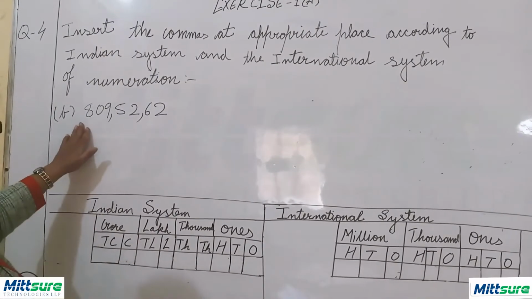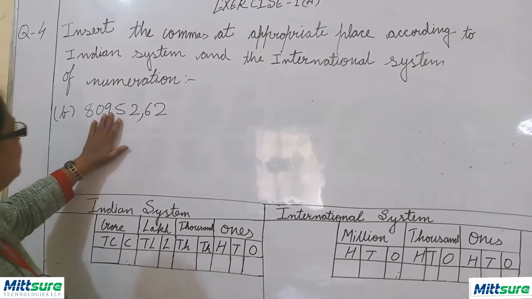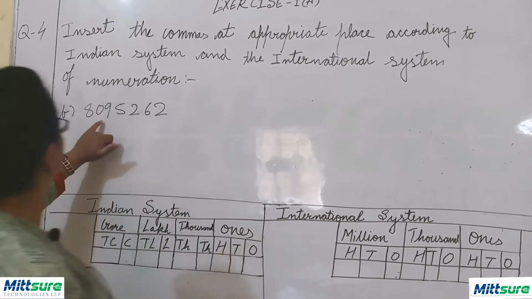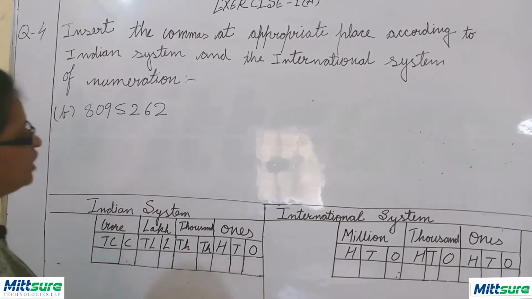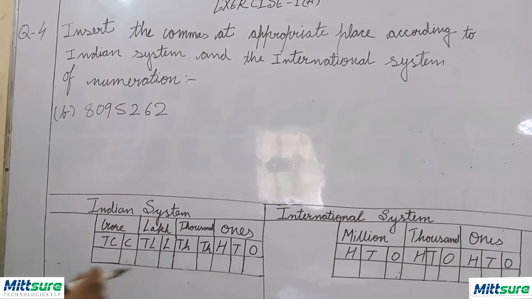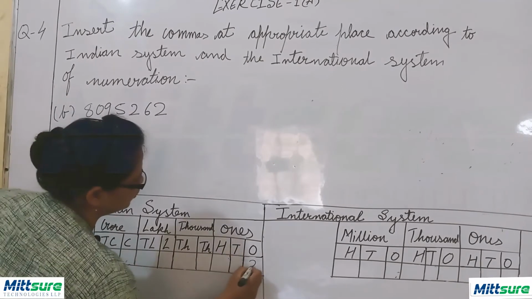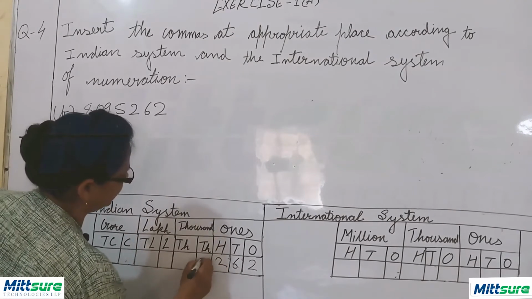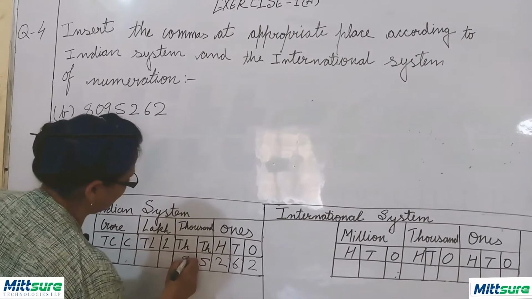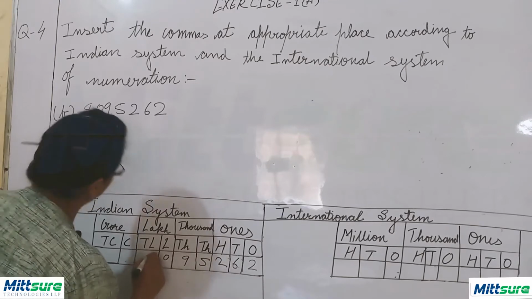Our number B is 80,95,262. I will place the numbers in both systems, the Indian system and the international system.